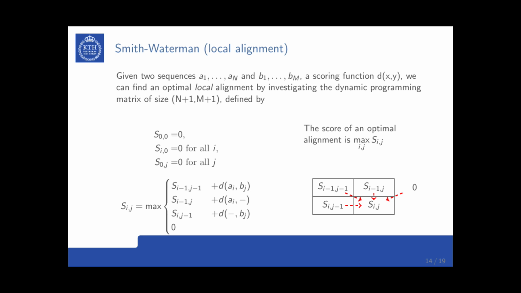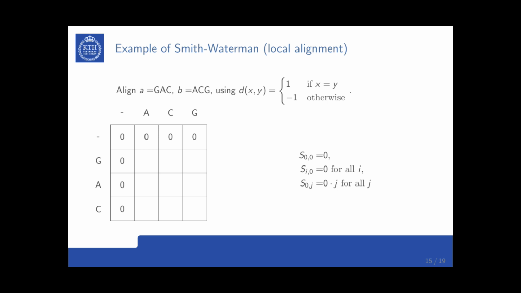So if we use this for the same example as we were using previously, the initiation looks a little bit different, but we would get zeros instead of a set of gap penalties.